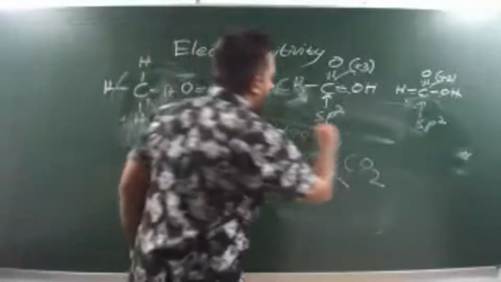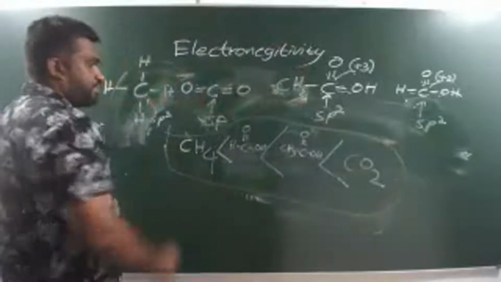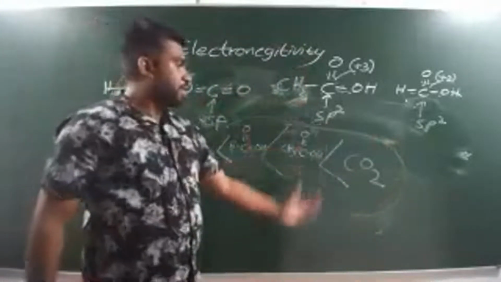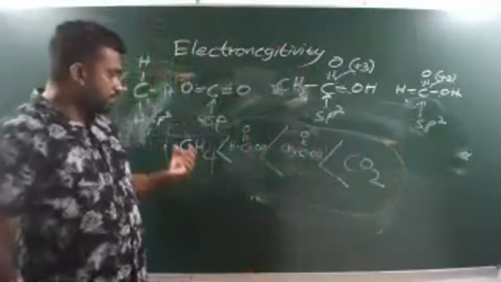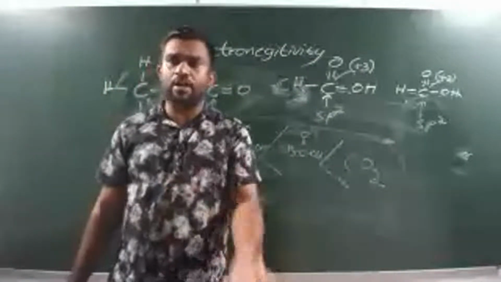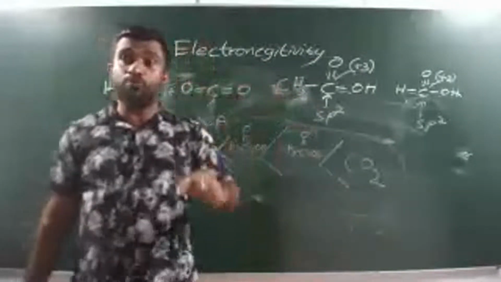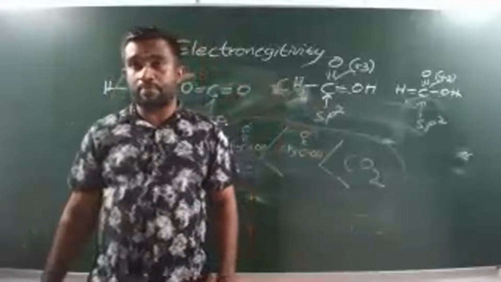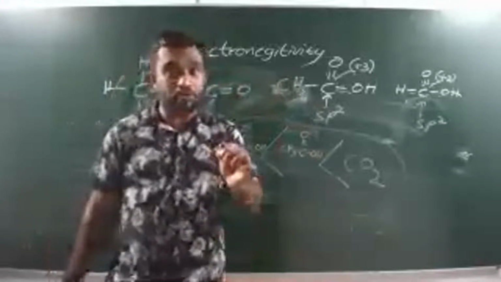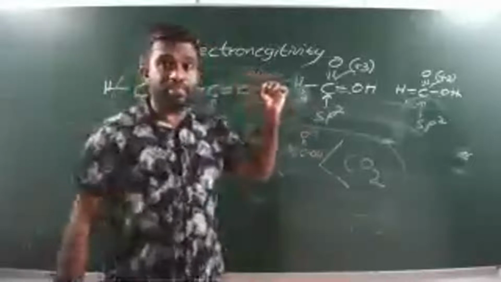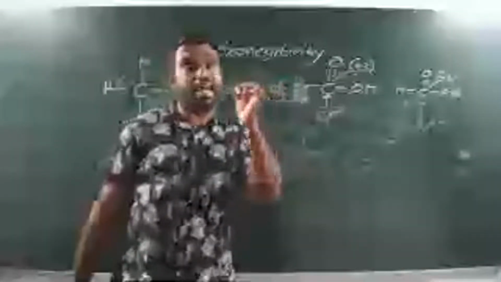Now we have determined the answer. This is the way electronegativity increases in these molecules. So this is a very simple one. The only thing you should remember is to consider the factors in the exact order that I mentioned.